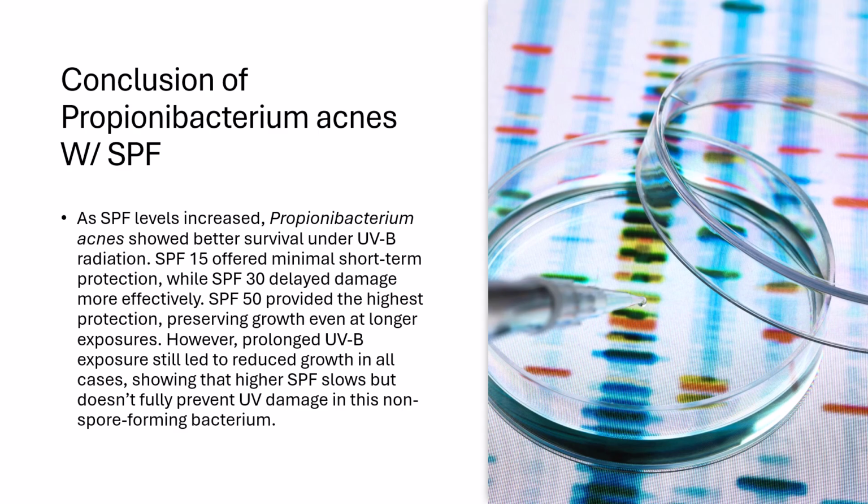This actually preserved growth even at longer exposure. However, prolonged UVB radiation exposure still led to reduced growth in all cases, showing that higher SPF slows but doesn't fully prevent UV radiation damage in this non-spore forming bacteria.